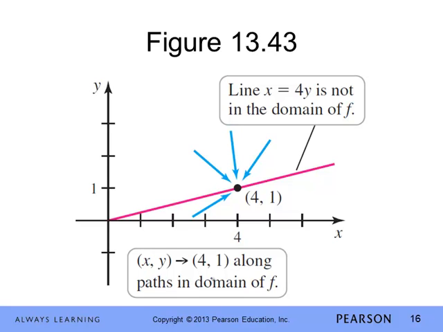So as long as we did not approach (4, 1) along the line x equals 4y, what was so special about x equals 4y?